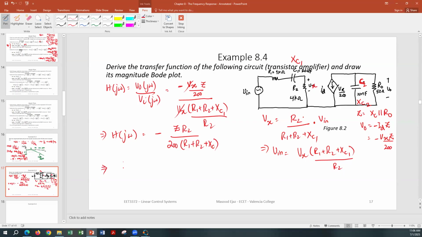Now Z is the parallel equivalent of these two.